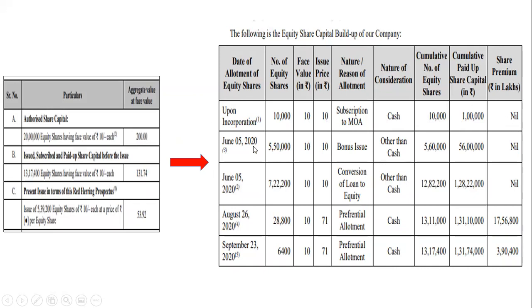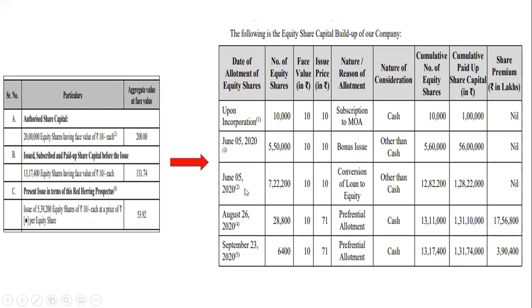No. Then on June 5th, 2020, 5,50,000 shares were issued as bonus shares, which we'll see in detail after this slide. So 5,50,000 shares were issued to the existing shareholders at 10. Was there any share premium? No. Did the company get any cash? No. This is other than cash because the reserves got converted to capital.